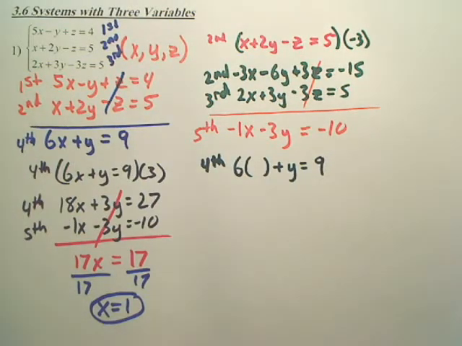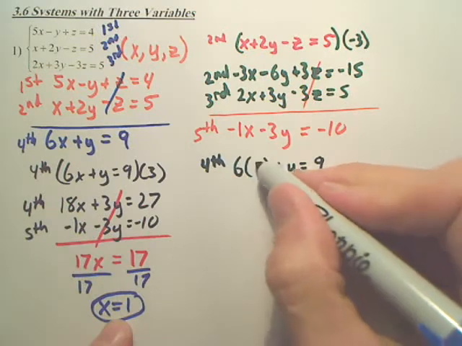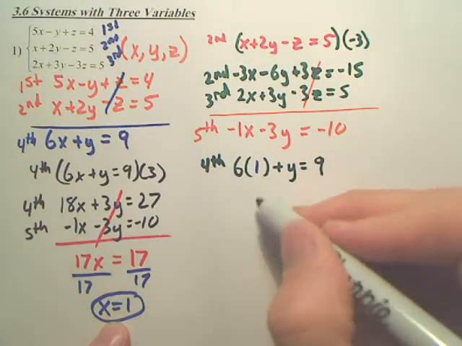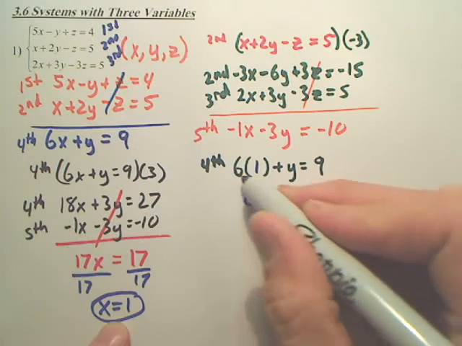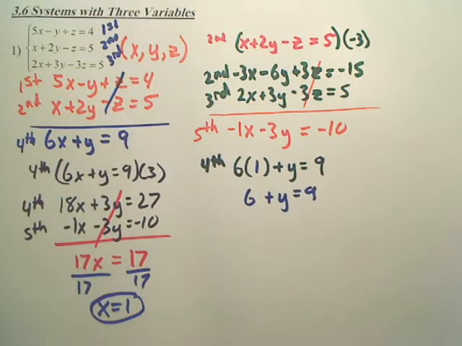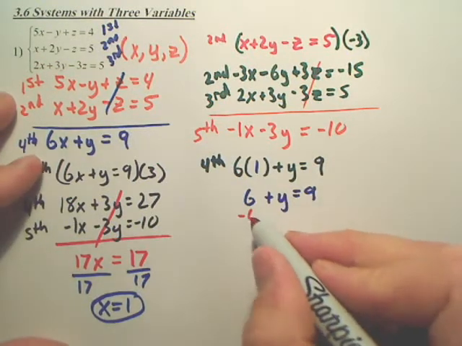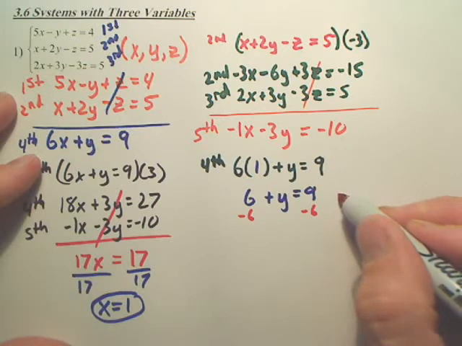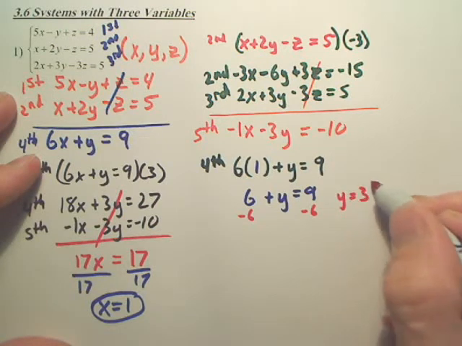And what am I going to plug in there? Aren't I going to plug the 1 in for x? That leaves me 6 times 1, 6. And we minus the 6 over. And it looks like we get y equals 3.